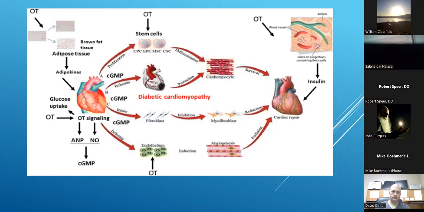We know that oxytocin helps to increase the glucose uptake. So it works like insulin. And we need to have some studies to show if we can decrease the dose of insulin by giving oxytocin. Why is oxytocin better than insulin? Because insulin induces oxidative stress.